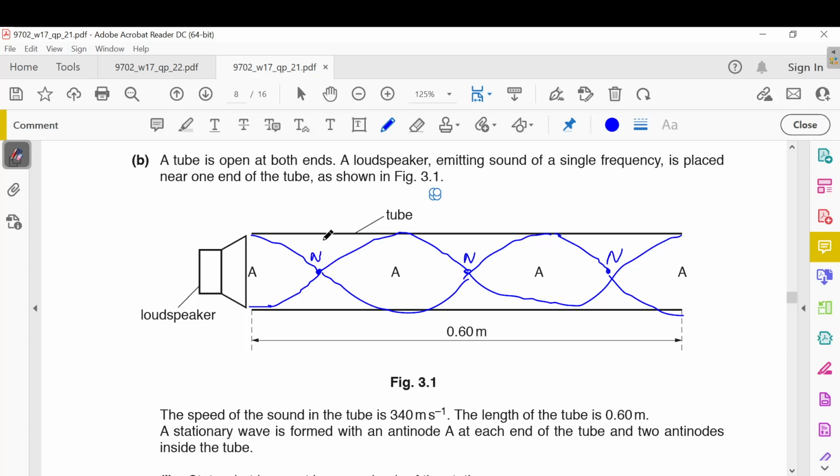This question is completely on stationary waves, so we must recall our knowledge related to stationary waves. If you see here, there is a quarter of the wave, then another quarter of the wave, then another quarter of the wave.